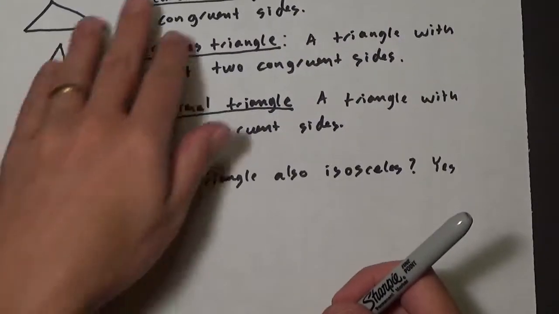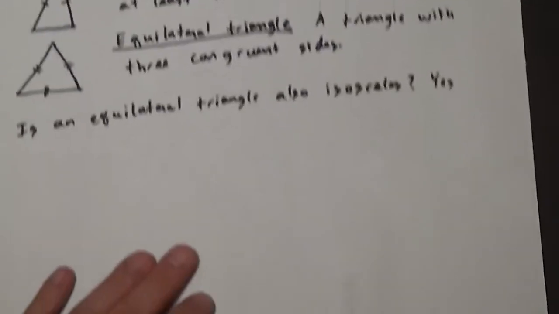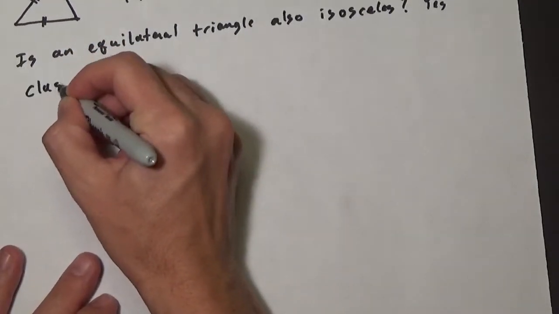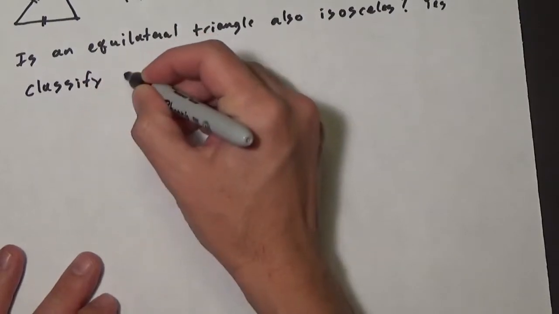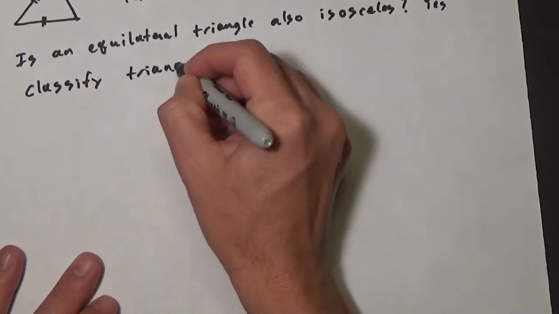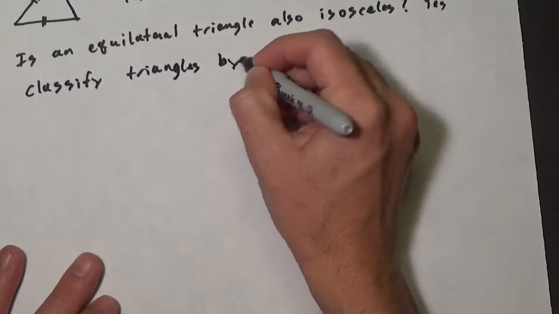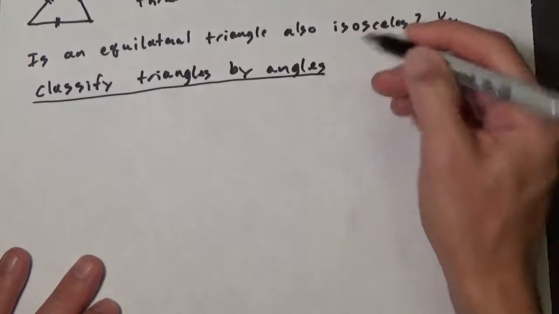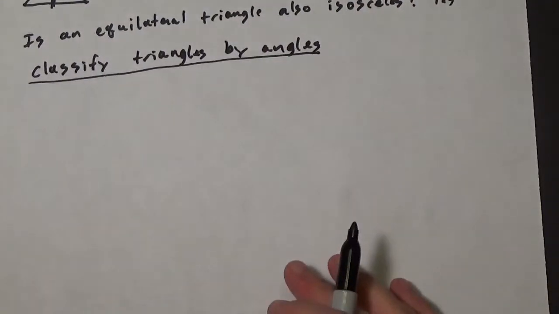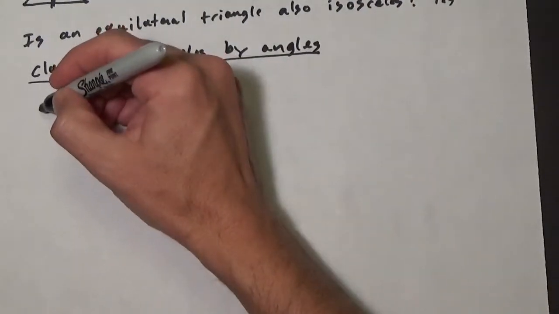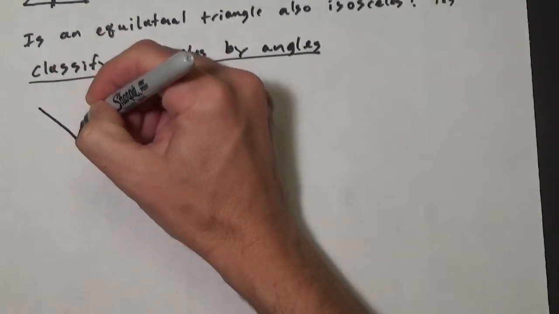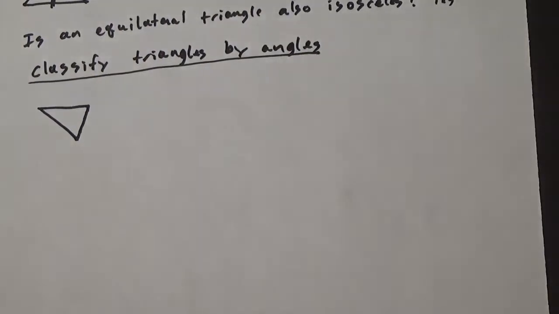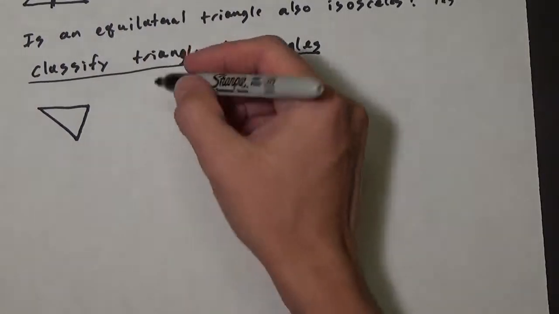Now that we've classified triangles by sides, let's classify triangles by angles. The first one is if we have three acute angles, and this is an acute triangle.